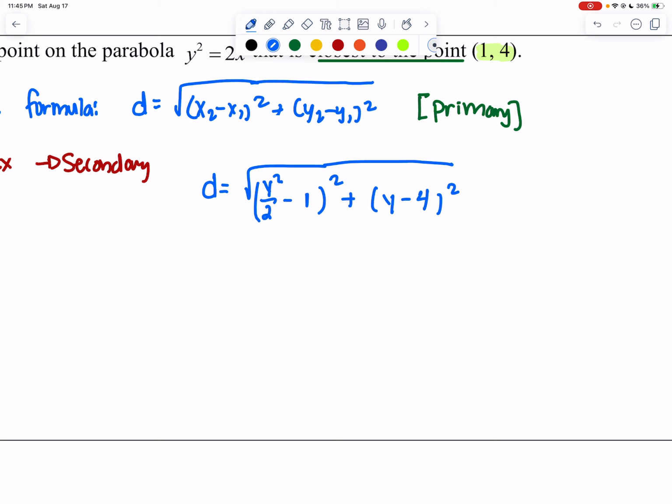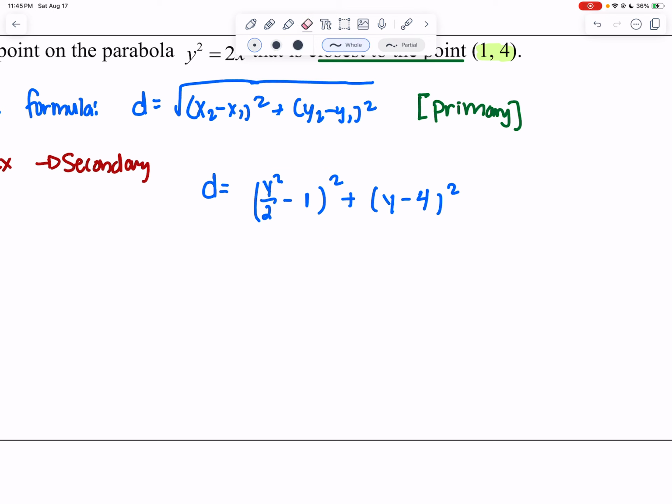All right. So we're going to be taking the derivative of this. Now, as a disclaimer, if I were to take the derivative of this, we're going to be using a lot of chain rule. So what I'm going to do is just square this and get rid of the square root.